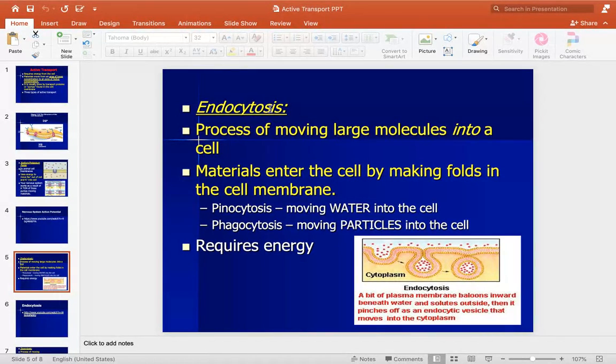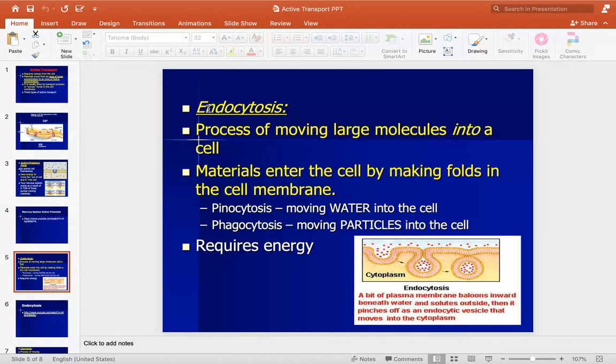Cytosis means cell action. So this is cell action, cytosis, that brings materials into the cell, endocytosis. So what is it? It's the process of moving large molecules or large amounts of material into a cell.